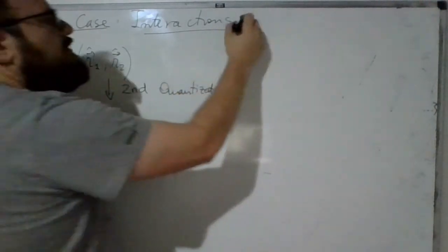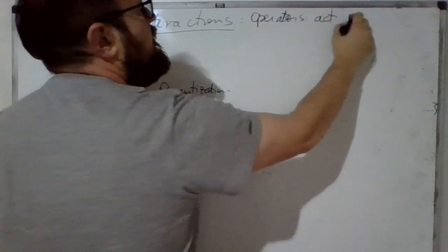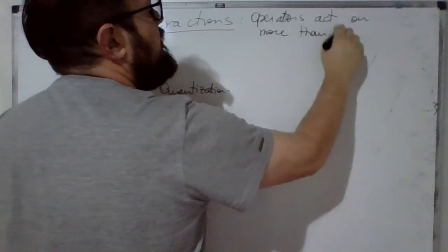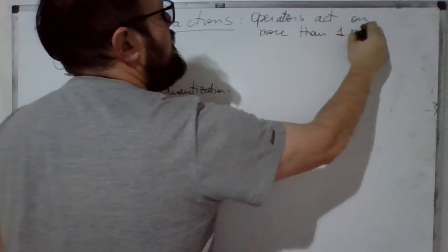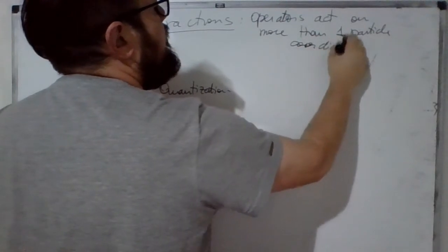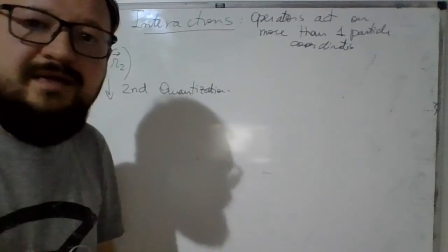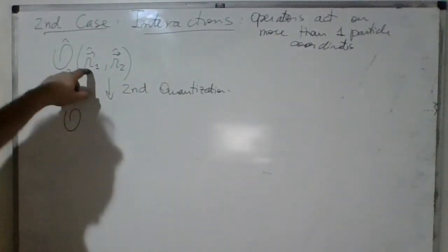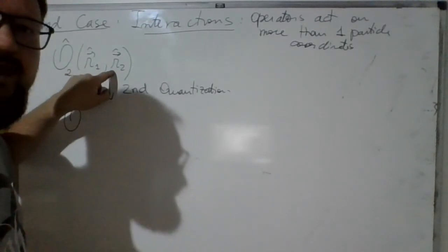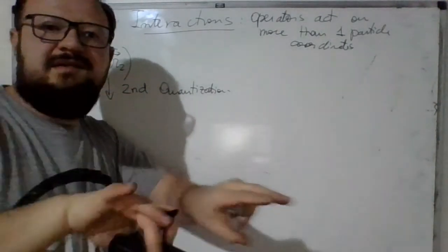Interactions means operators that act on more than one particle's coordinates, and they need to be identical particles. So this acts on the coordinates of electron 1 and at the same time on the coordinates of electron 2. Okay? Right? And they cannot be factorized.